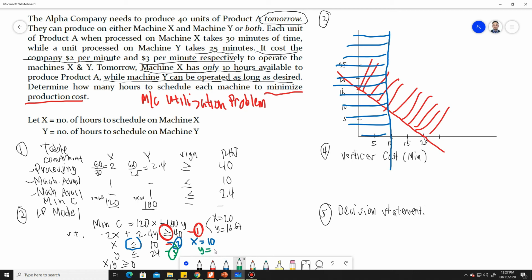So, y is equals to 24. So, saan yung 24 natin dito? Dito siya. So, this is a horizontal line. Oh, sorry. Medyo hindi dumiretso. So, horizontal line. So, ganyan siya. And our sign is less than or equal. So, we will shade below the line.